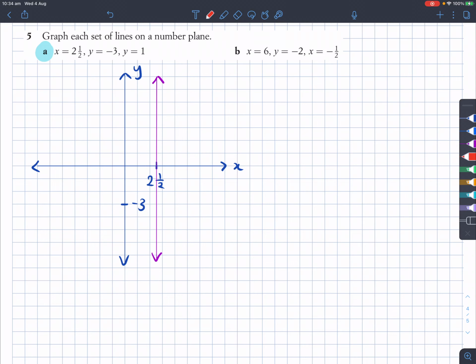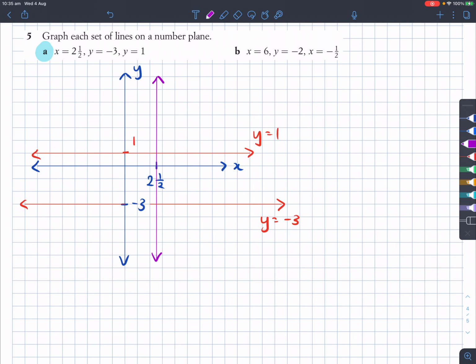And then draw a line perpendicular to that, so this way. And that will contain all y values that are -3. Then, y equals 1. Y equals 1 is 1 above the x-axis, so over here. And we're going to draw a horizontal line, like that. And that's it.